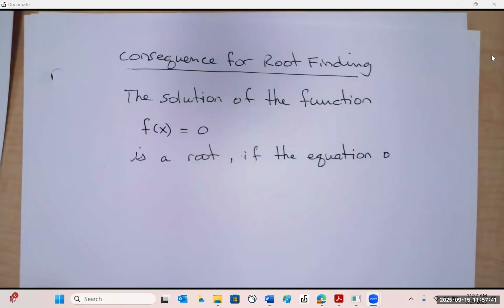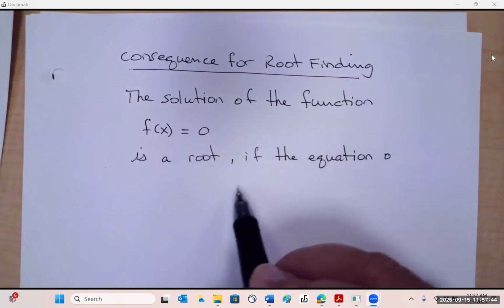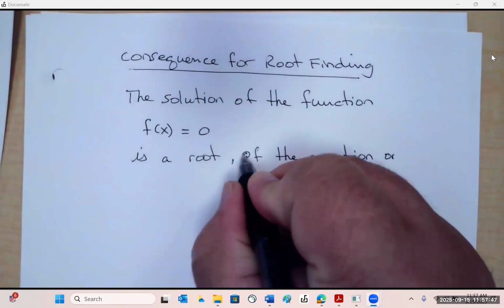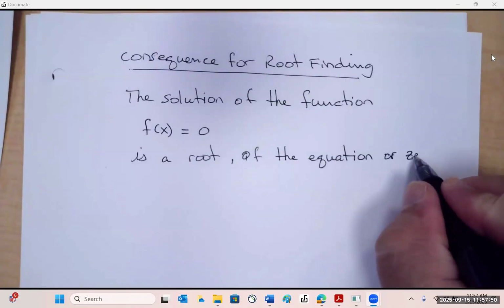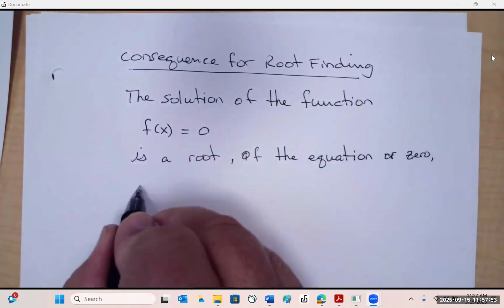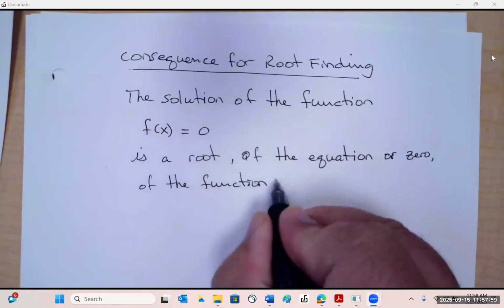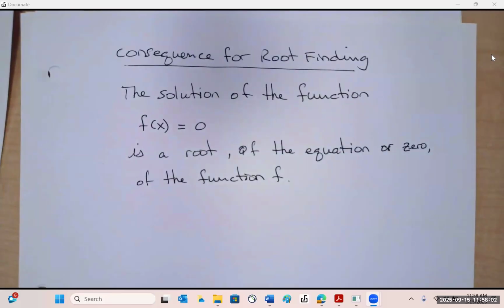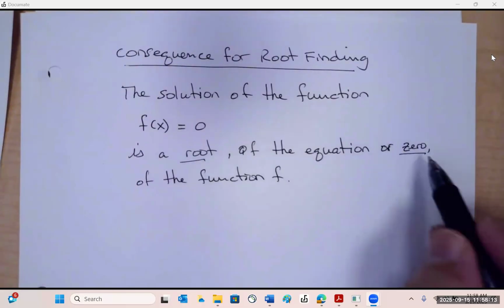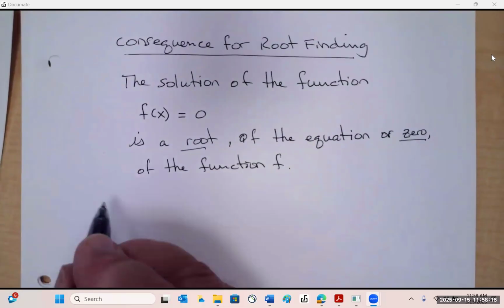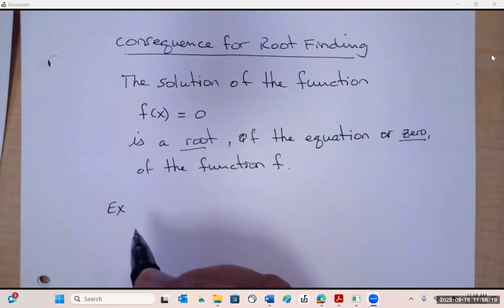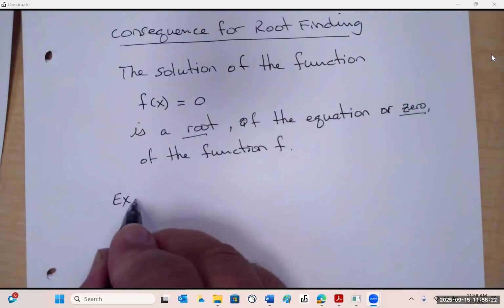The solution of the function f of x equals 0 is a root, or it's also called a zero of the function. But again, it doesn't tell us where they are or how many we have. It just tells us that it does exist.